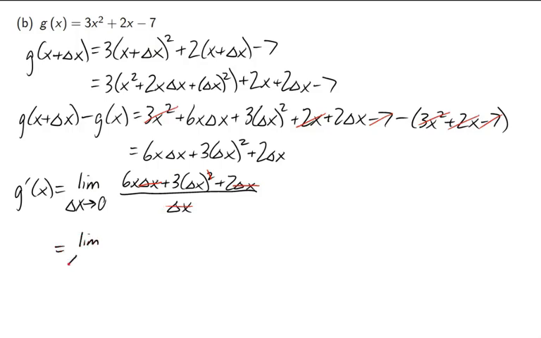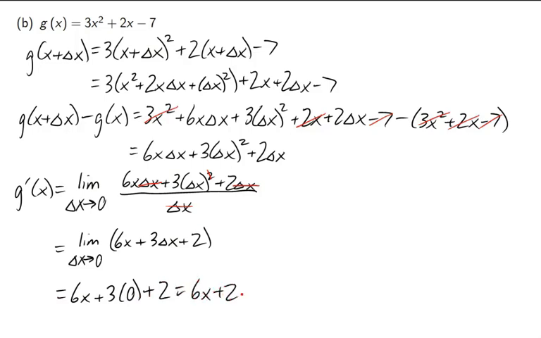We get the limit as delta x approaches 0 of 6x plus 3 delta x plus 2. If we take the limit, the delta x is right here and there's no delta x's elsewhere. So we get 6x plus 3 times 0, because simple substitution works now, plus 2, which is simply 6x plus 2.